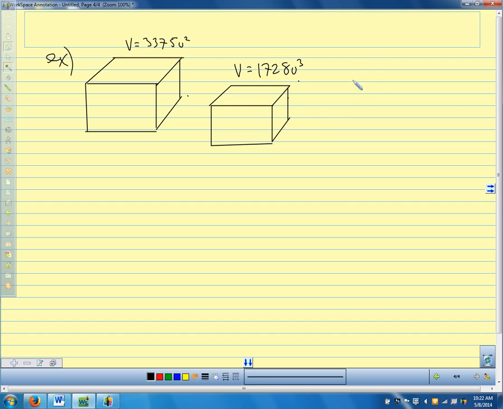And we want to know what is the scale factor of the similar solids. So the problem tells us they're similar.